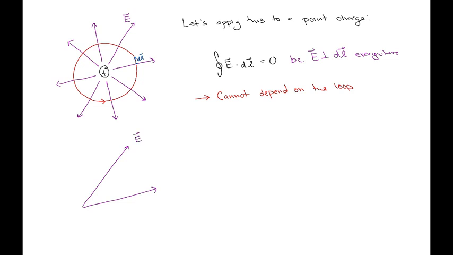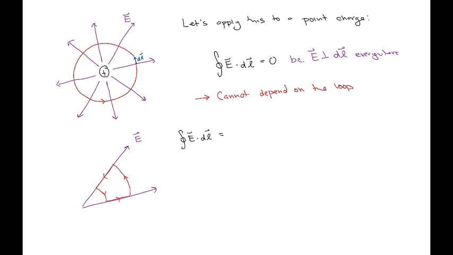Still the electric field. Now we're going to do the same line integral, but we're going to do it over just a portion of the field. We're not going to go around the charge anymore, but instead we'll do a line integral that looks like that. And we still want to do the same thing, so we're still going to calculate the dot product of the electric field and portions of that closed path.